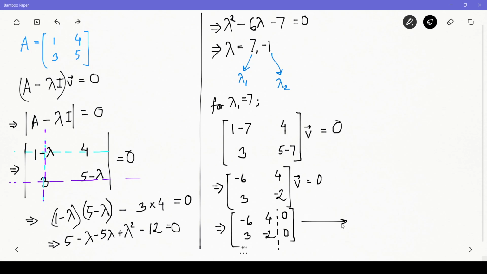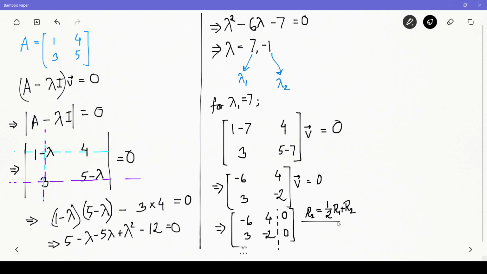So if I say my new row 2 is equal to half times row 1, half times 6 will give me 3, and half times minus 6 will give me minus 3. Then I add it with my entry in the second row, which is 3, and we end up with 0.